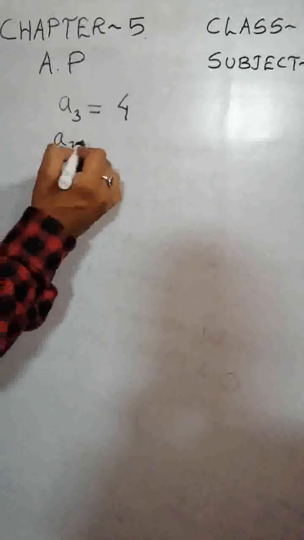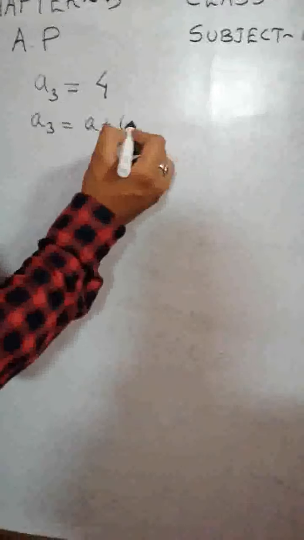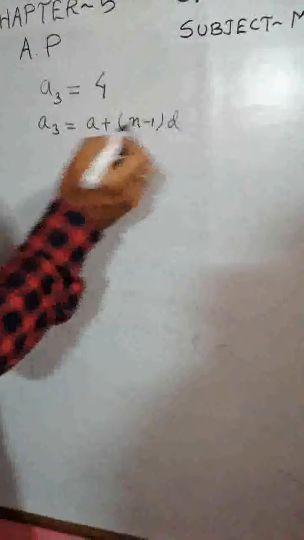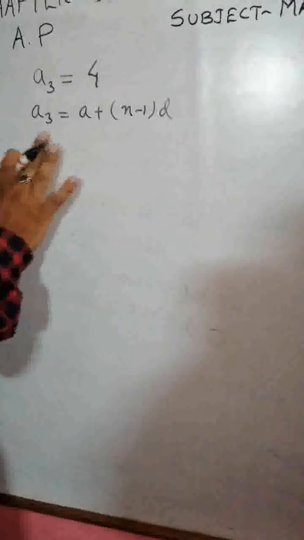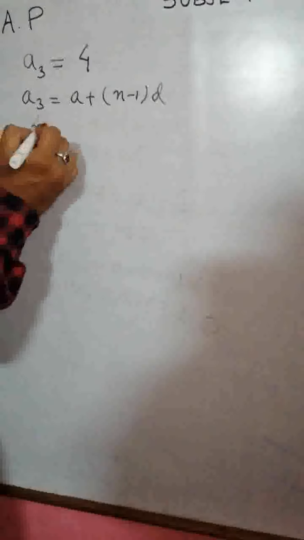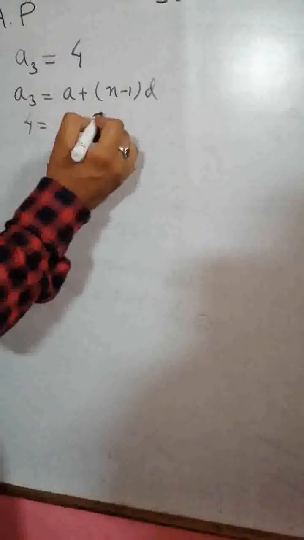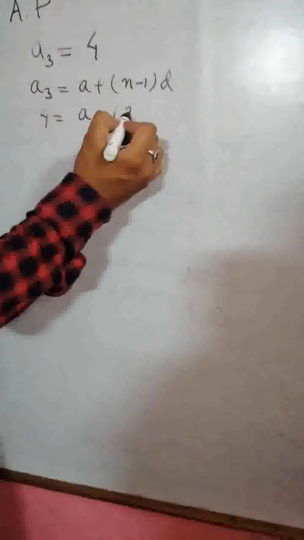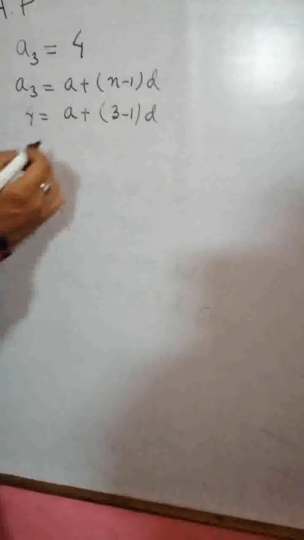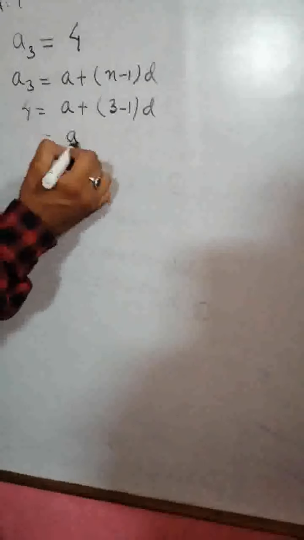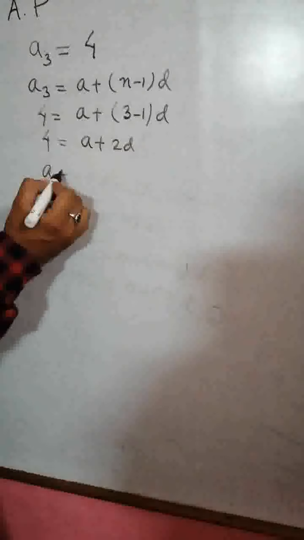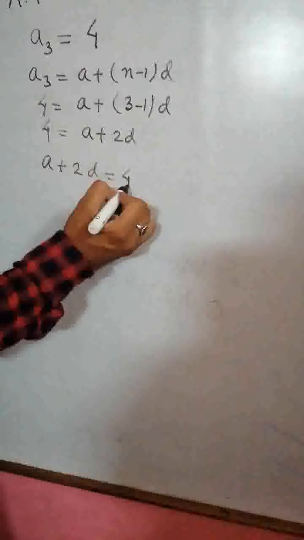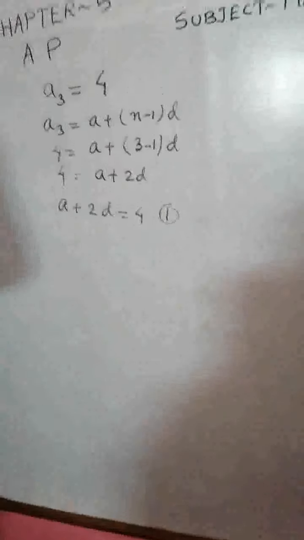Using the formula a_3 equal to a plus (n minus 1)d, which I had just told you, you know this formula. a_3 is given 4, and n will be 3 because here we are finding the third term. So 3 minus 1 d. It will be a plus 2d equal to 4. This will be equation first.